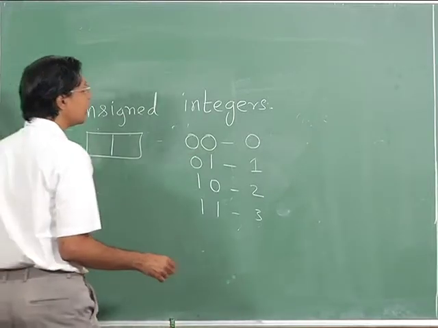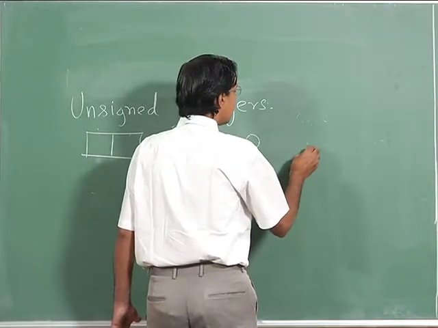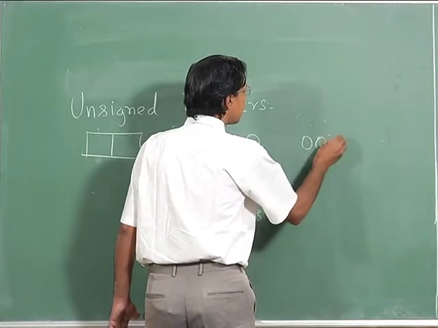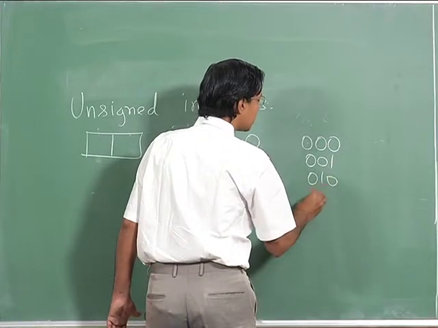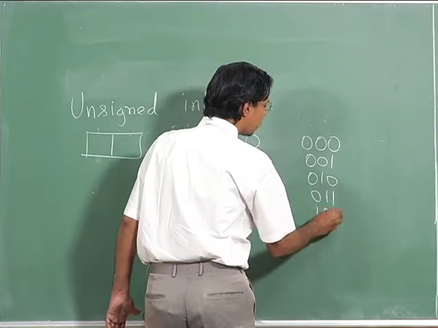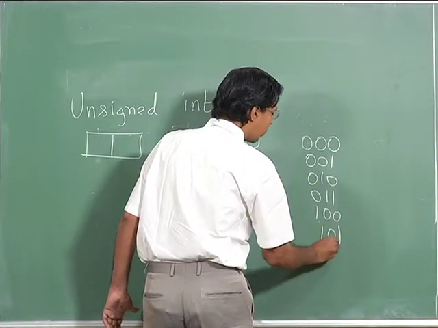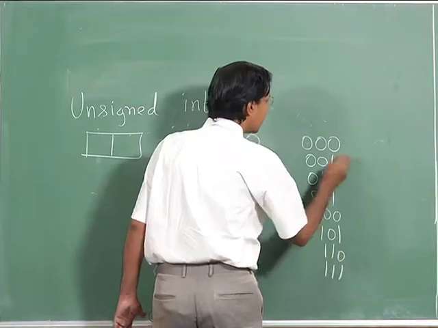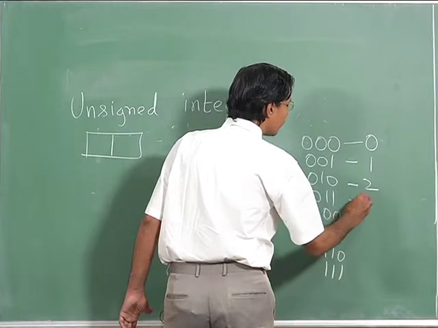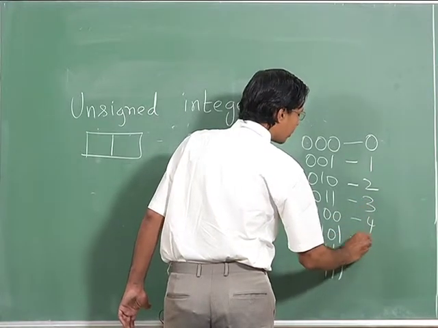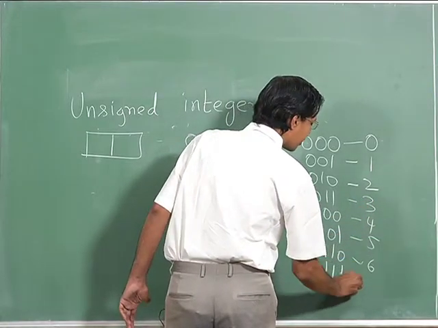Suppose I have 3 bits, then I can represent 000, 001, 010, 011, 100, 101, 110, 111, which will represent 0 to 7.